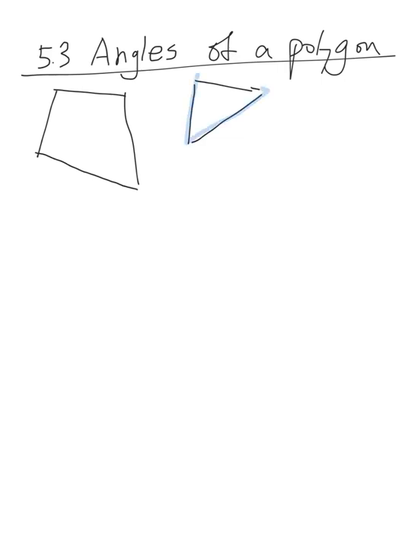Actually, the quadrilateral has two triangles right there. Okay, and then we know that inside a triangle, the angle sum of triangle is 180 degrees. So the red triangle also has a sum of interior angles of 180 degrees.